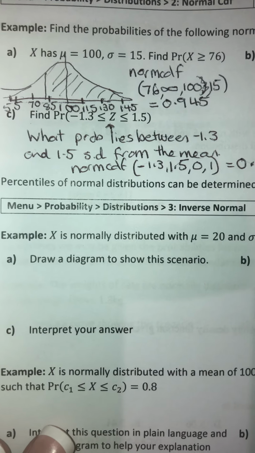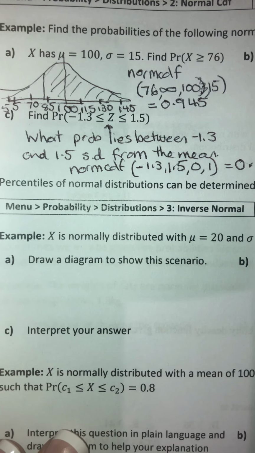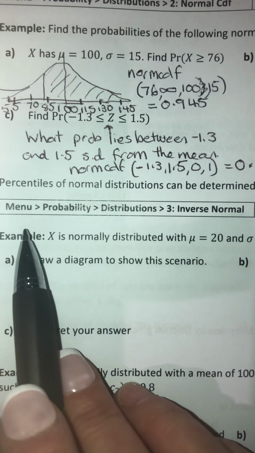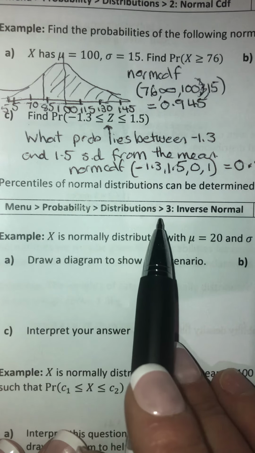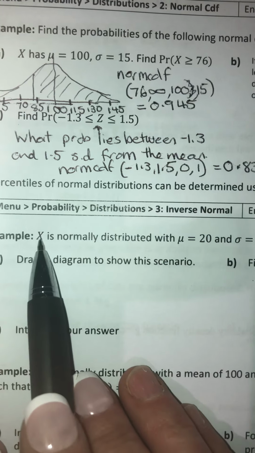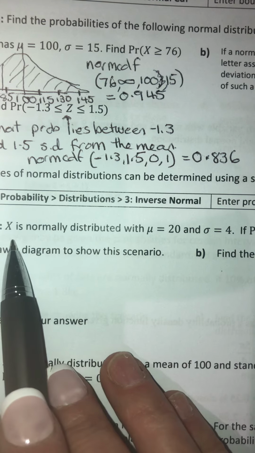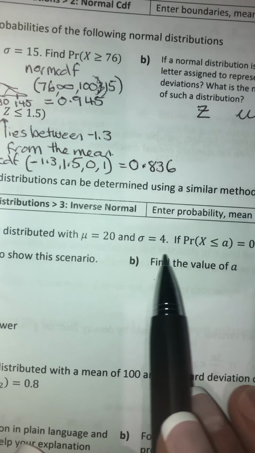All right, percentiles of normal distribution can be determined using a similar method, which is shown below. So this time we have menu, probability, distribution, but number 3, inverse. Now, why is it inverse? It is inverse because for this example, X is normally distributed with mean of 20, standard deviation of 4.